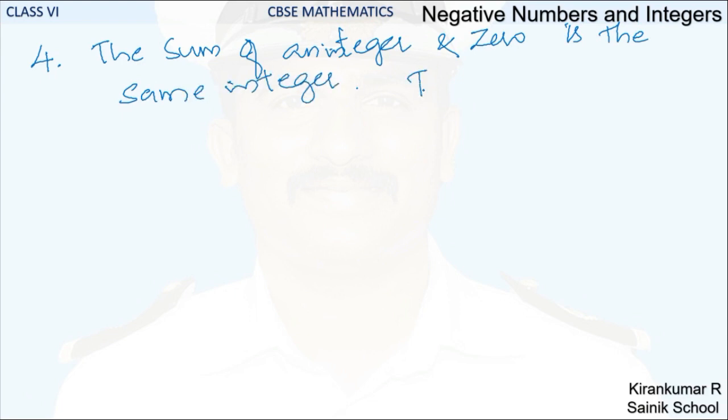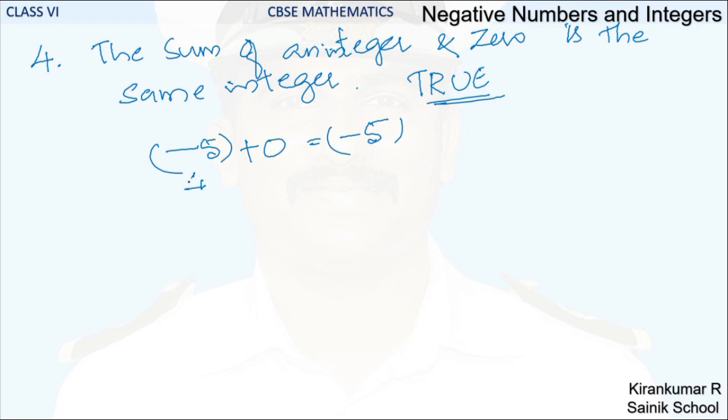This statement is a true statement. What's the reason? Whenever we add 0 with a number, we get the same number. When we add, say, positive integer 4 to 0, we get the result as the same number. So the given statement is true.